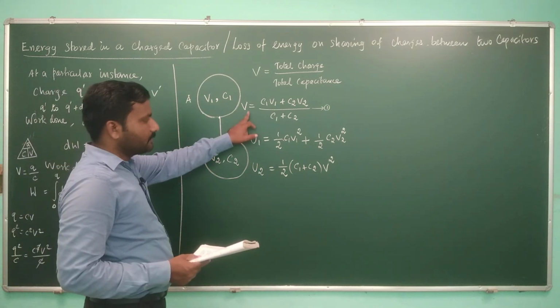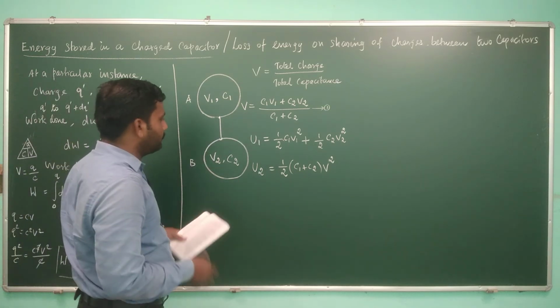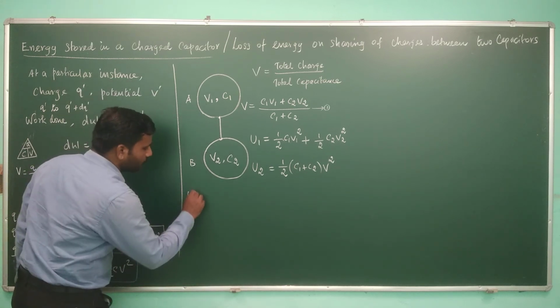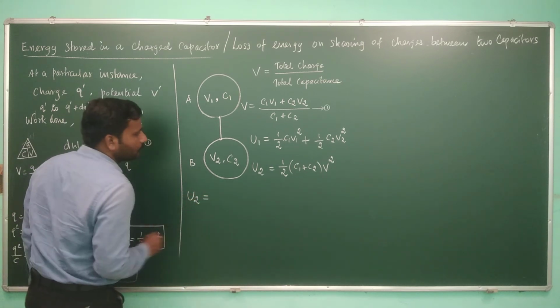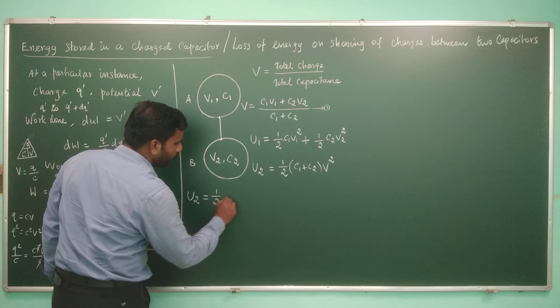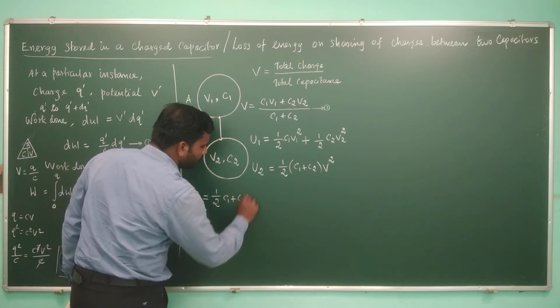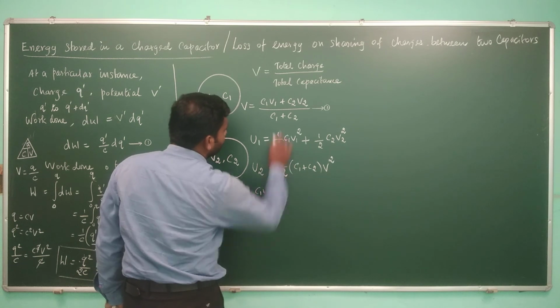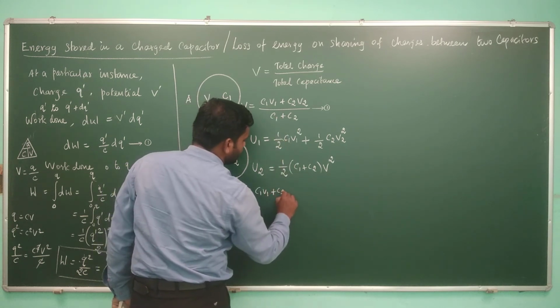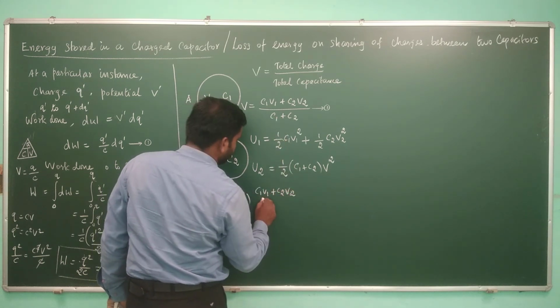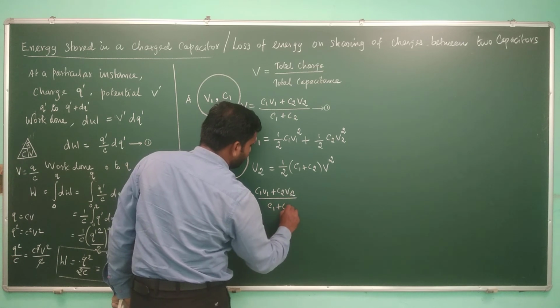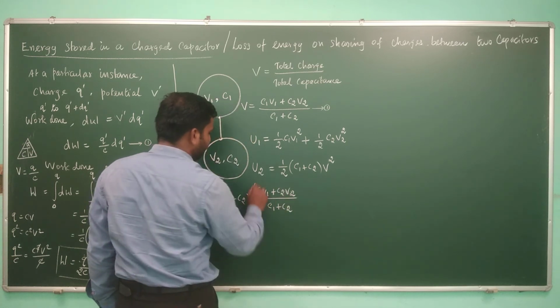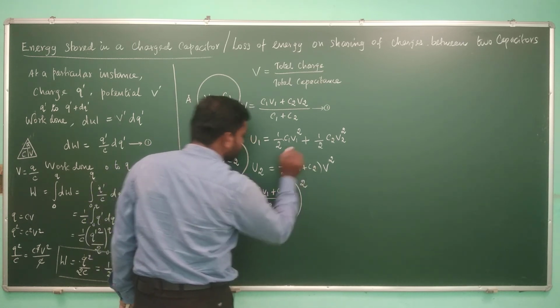But we have an equation for V square, so we can substitute that. So we get the equation for U2, that is 1 by 2 C1 plus C2, then C1 V1 plus C2 V2 divided by C1 plus C2, the whole square.